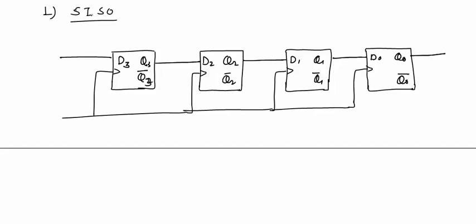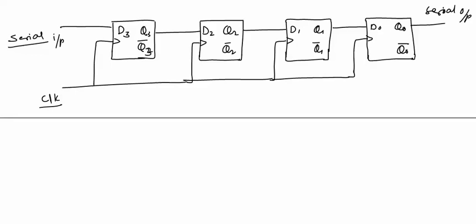Now in this serial input, serial output shift register, the serial input will be applied at this input of the first flip-flop and serial output will be taken at this flip-flop, and this will be the clock pulse to trigger the flip-flops. Now simultaneously we will see its waveform.